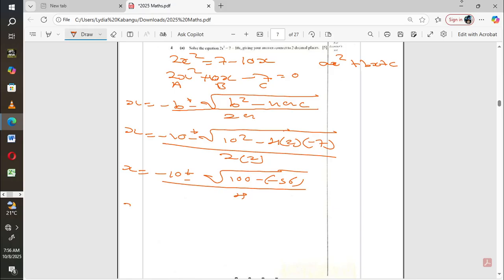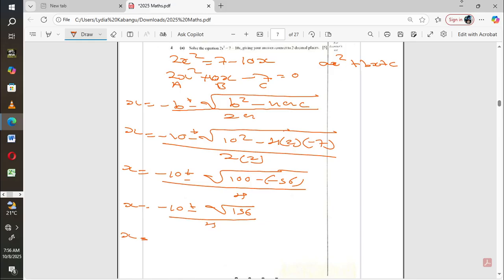So it will be x equals to negative 10, positive or minus. So now here 100, negative times negative becomes a positive. So 100 plus 56, we're going to have 156 here over 4.